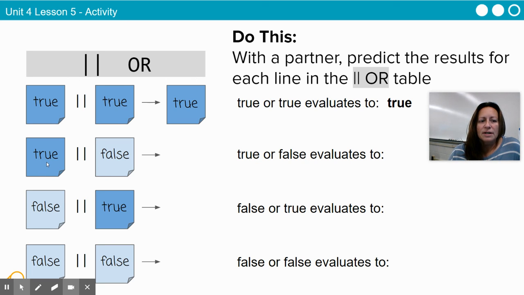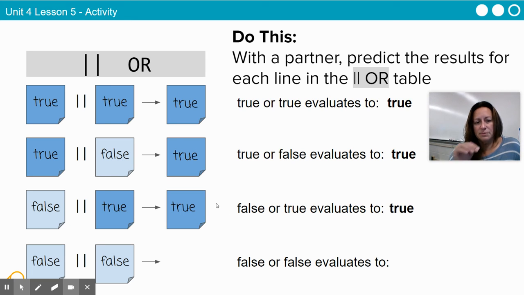With the word or, if the first part is true or the second part is false, if you have an or with one true and the other false, the result is still true because this one's true. They don't both have to be true. Or means it can be either this one or that one that's true.